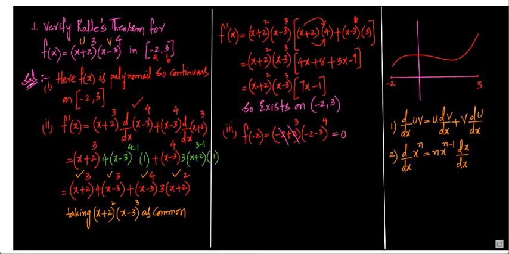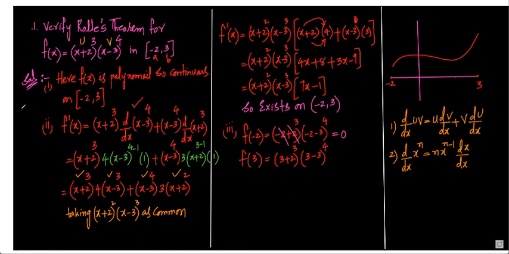Next, f of b value. F of b, if you check, f of b is 3. Now, we put here 3 plus 2 whole to the power of 3 into 3 minus 3 whole to the power of 4.